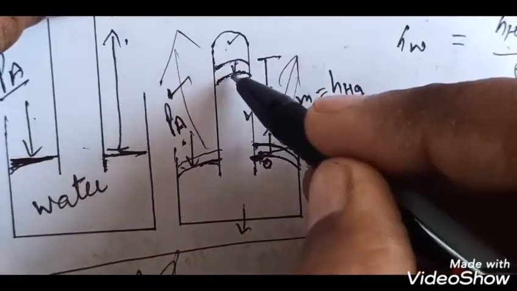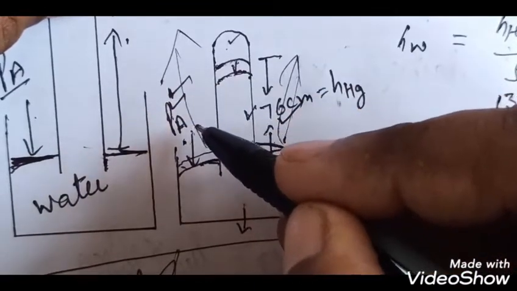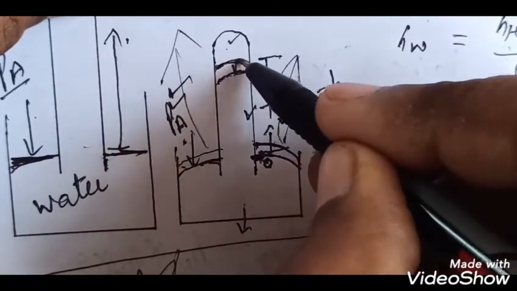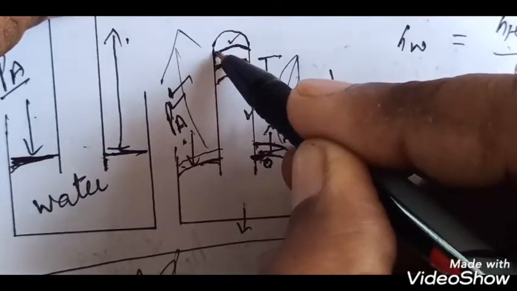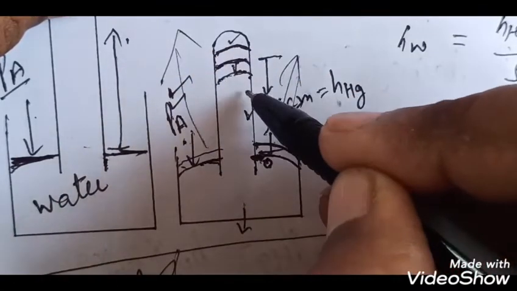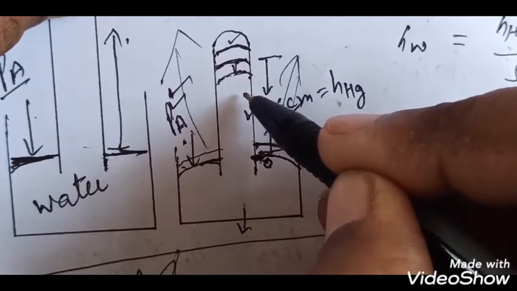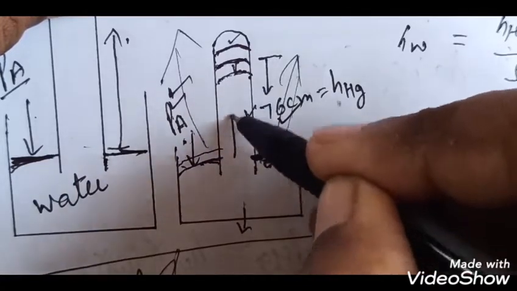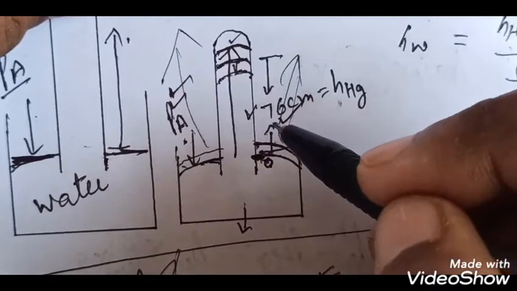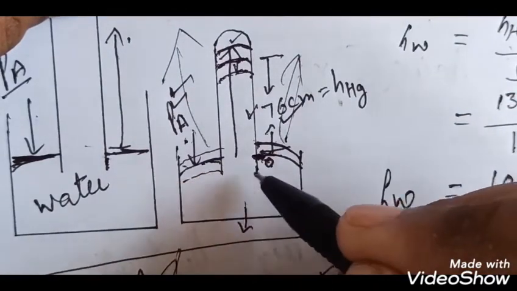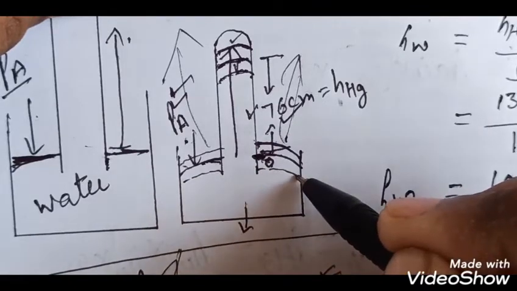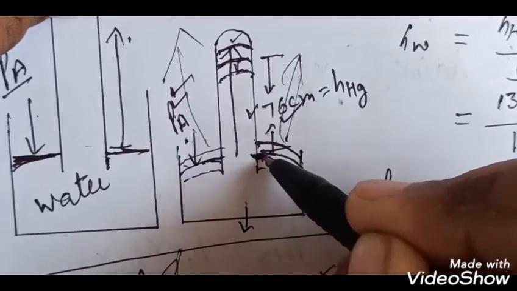Now if the atmospheric pressure increases, then this is the normal barometric height. Now the new barometric height will be more, because atmospheric pressure increases, so barometric height also will increase. Now more mercury is there in the barometric tube, and therefore mercury in the bowl will be less. See, it will come down, but zero is here.